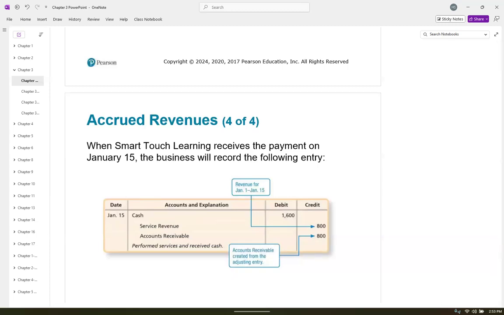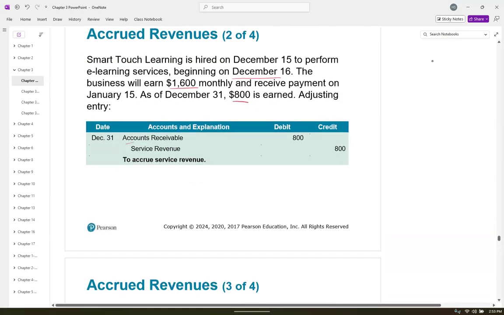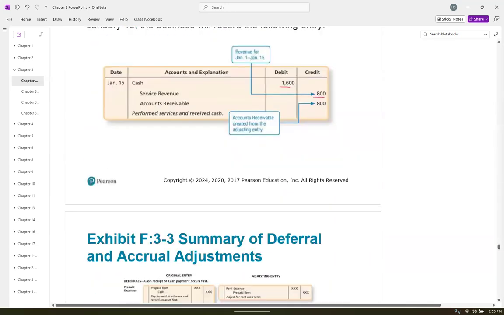January 15th, they're getting all the cash. They're going to get every bit of it. Only part of it's going to go to service revenue because the other 800 we had was recorded as service revenue in the previous year. So again, this accounts receivable just holds it until the end of the period.